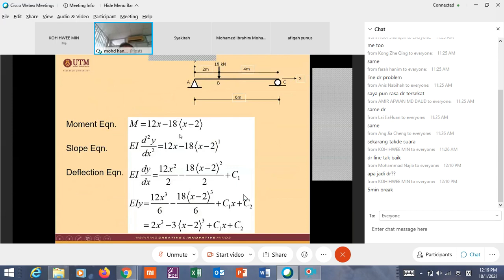Here, this one. We use this symbol. What is meant by this symbol, we can see later. Okay, so this is the moment equation: 12x minus 18 multiplied by x minus 2. Why the difference?